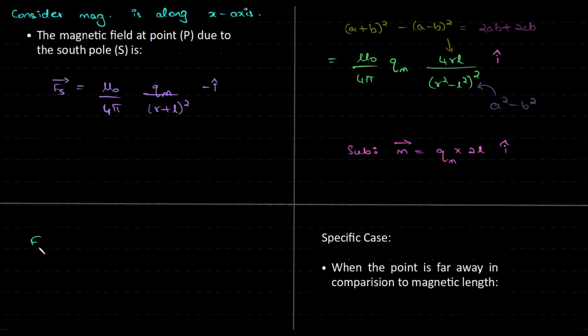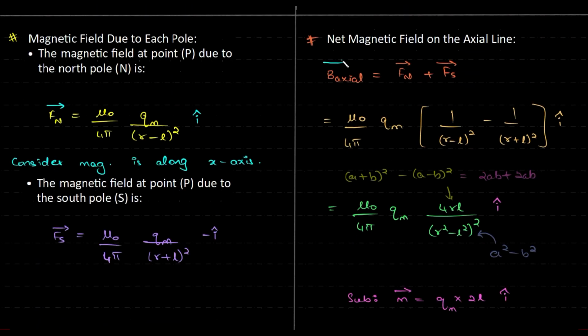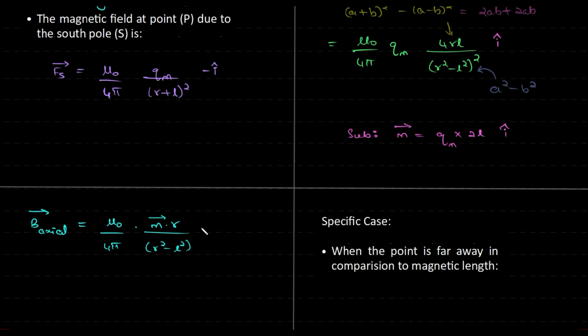So our axial field will be equal to the constant, then m, r will be remaining, divided by r square minus L square. And that's it. Direction and every aspect is covered.